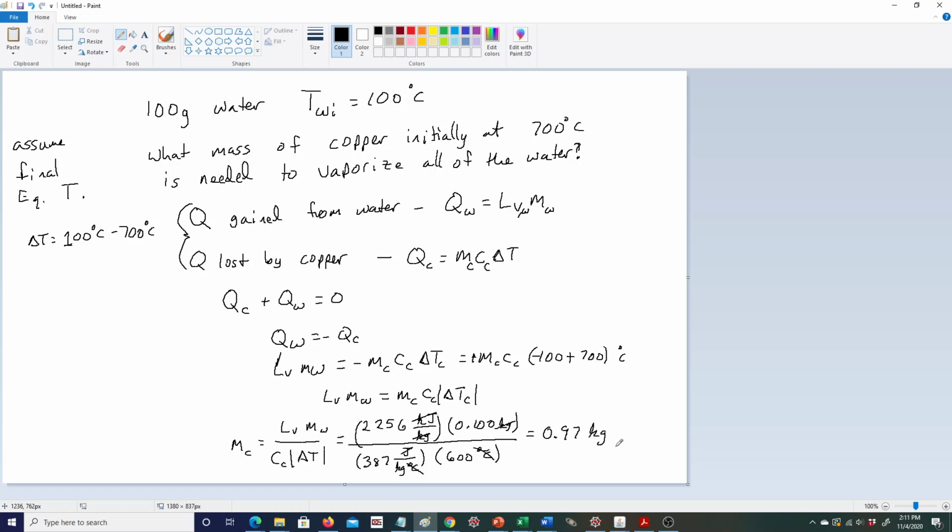Now, if you don't vaporize all of the water, then what will actually happen is that your copper will simply decrease in temperature until the amount of heat gained by the water is equal to the heat lost by the copper. Okay, so those are the physical processes that are going to be happening.